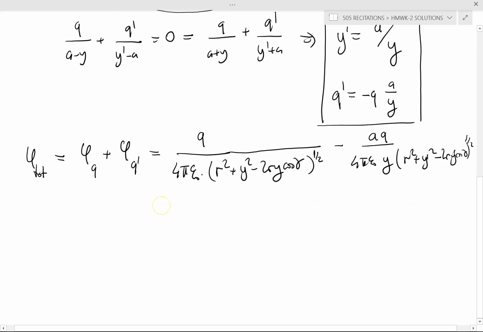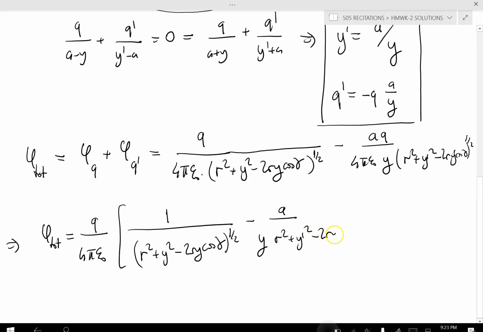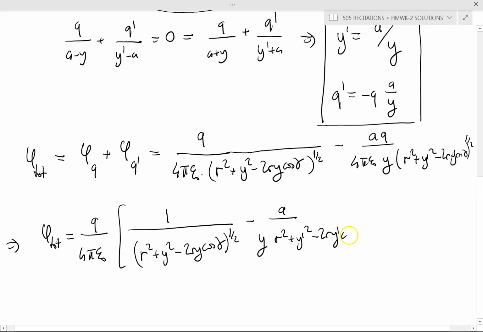So writing it down in a more acceptable fashion, Q divided by 4 pi E0 multiplied by 1 over r squared plus y squared minus 2ry cosine gamma to the 1 over 2, minus a over y, 1 over r squared plus y prime squared minus 2ry prime cosine gamma, is the potential.